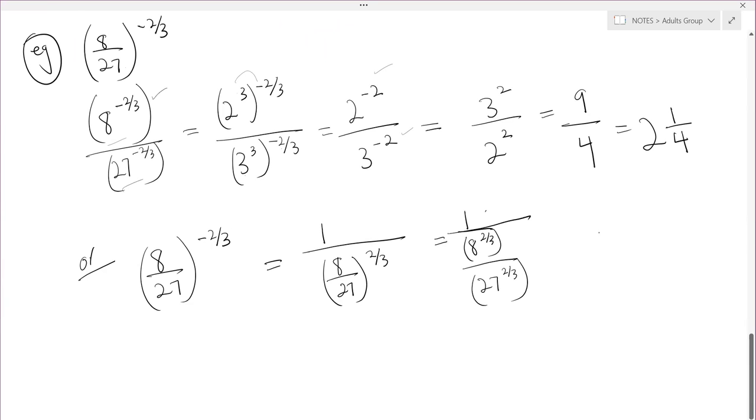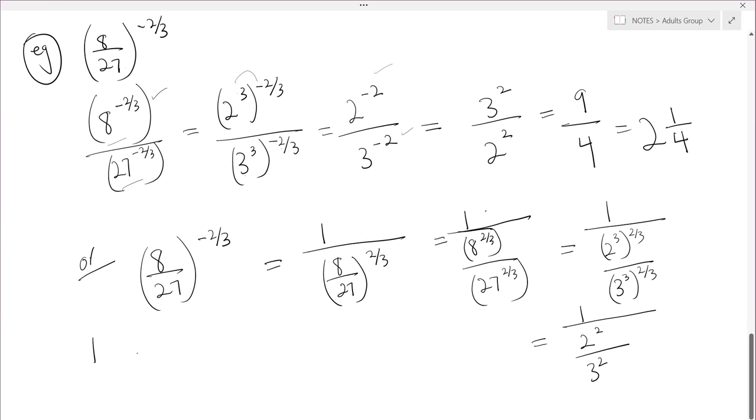So this is 1 over all of this, which will be 1 over, we do the same thing, change the bases of 8 and 27. So that will be 2 cubed to the power of 2 third divided by 3 cubed to the power of 2 third, which will give us 1 divided by 2 squared over 3 squared.